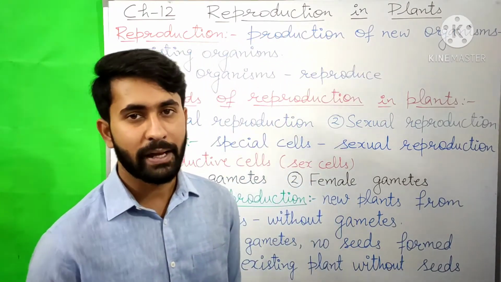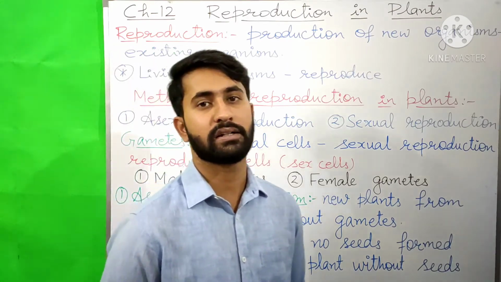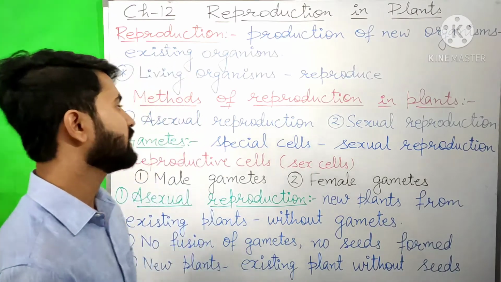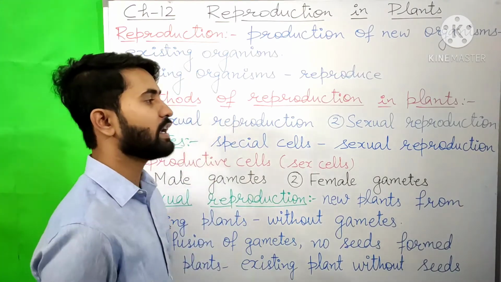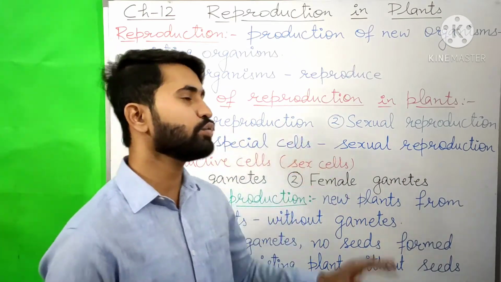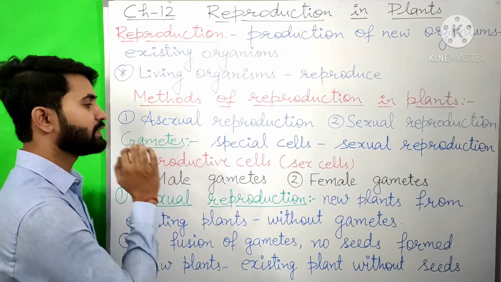There are different methods, or we can say different modes of reproduction in plants, but they all can be categorized into two types, that is asexual reproduction and sexual reproduction. Now, for understanding these two terms better, we should know the meaning of the word gametes.